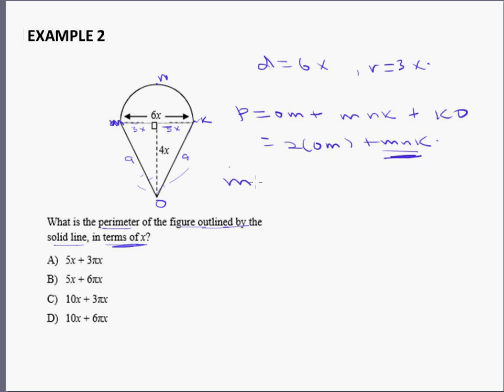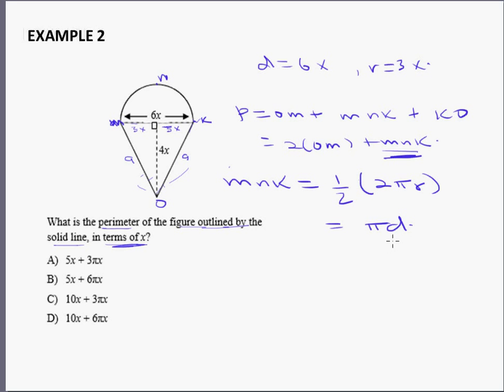So we know MK is half of the circumference of this circle, and the circumference of a circle is 2 pi r, or it's also the same as pi d, right?